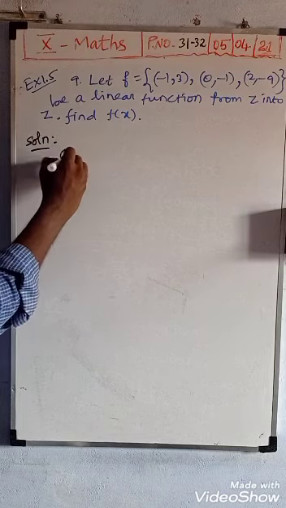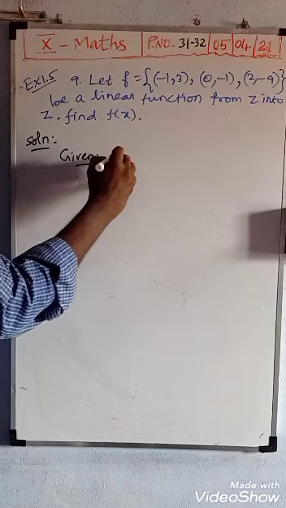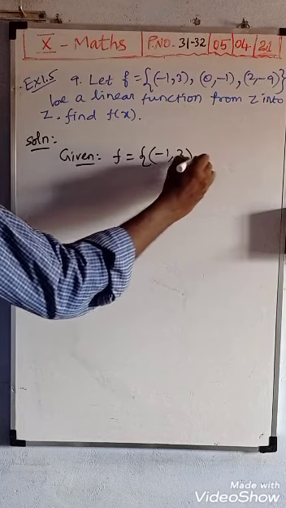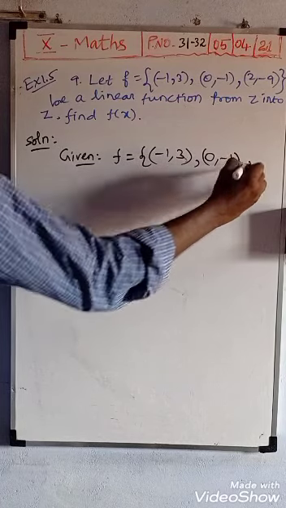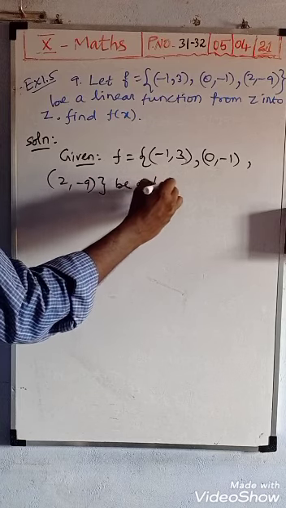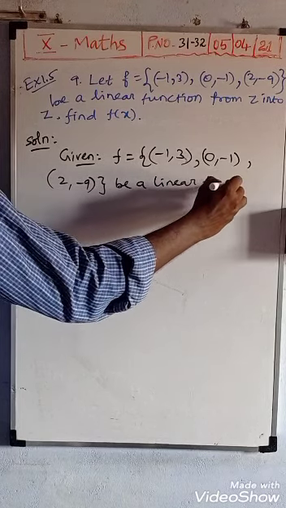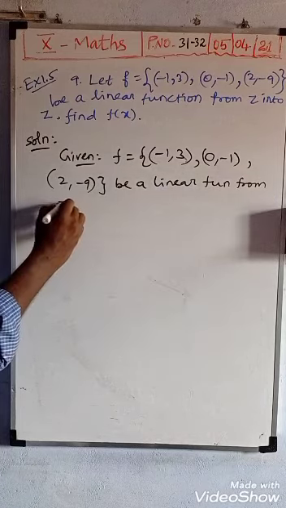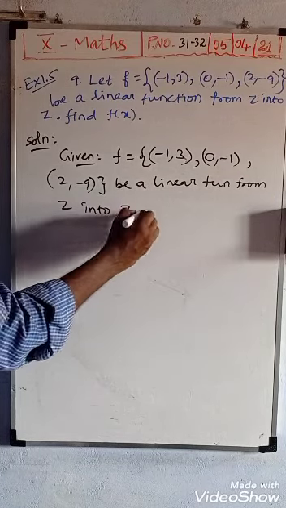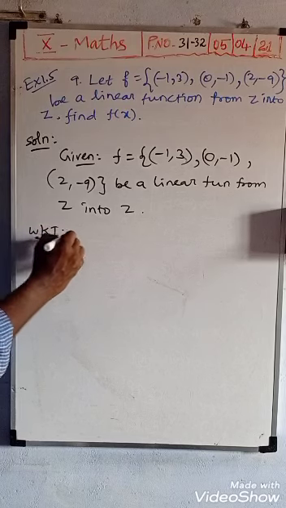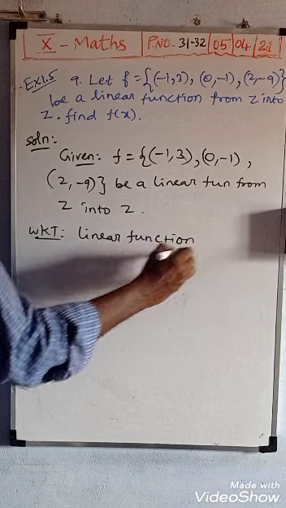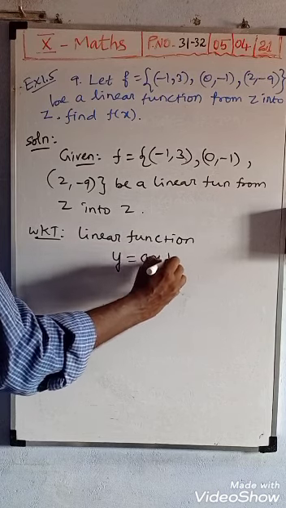Now you see the solution. First you should write the given: f is {(-1, 3), (0, -1), (2, -9)}, a linear function from Z into Z, integer to integer. So we know that a linear function is y is equal to ax plus b.